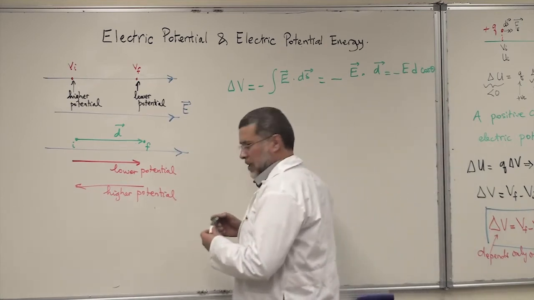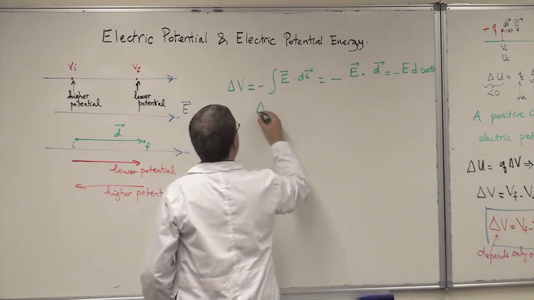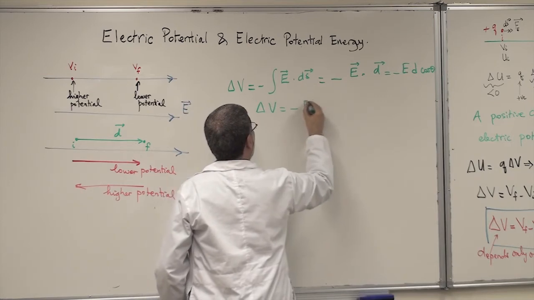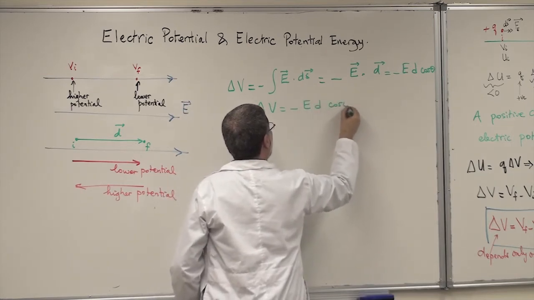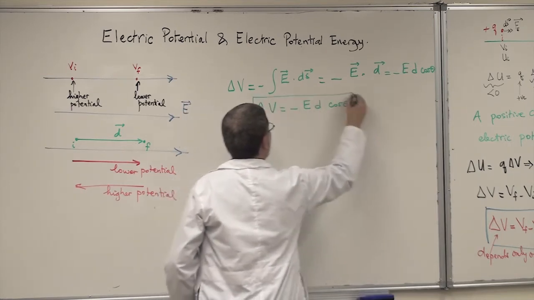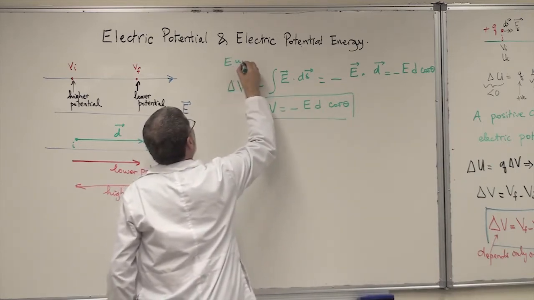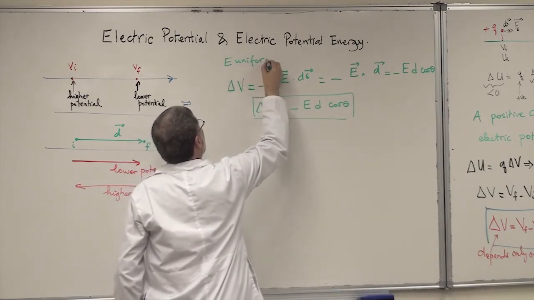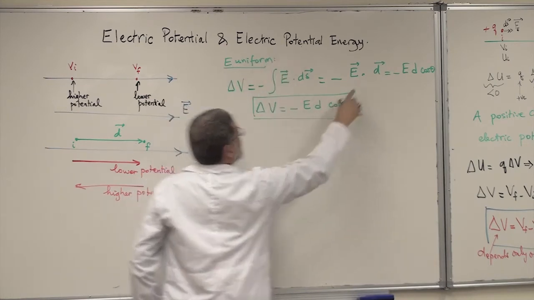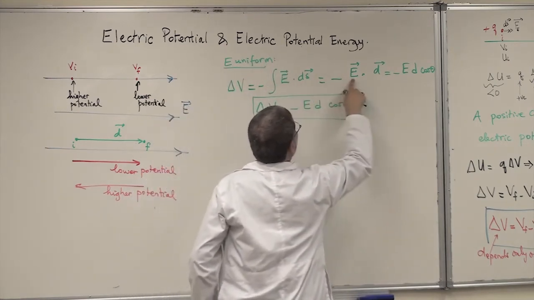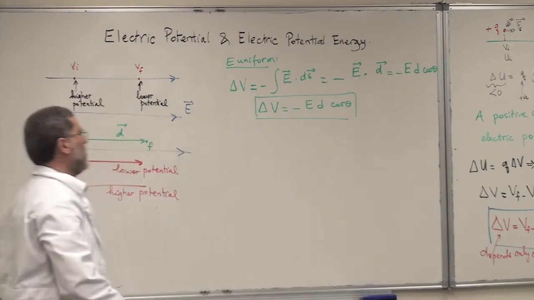So delta V for uniform electric field is minus E d cosine theta. Very important. This is if E is uniform, we have to write here E uniform so that you don't make a mistake, because we are taking E outside the integration. So it has to be uniform.